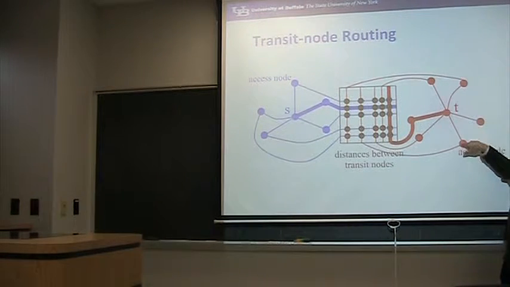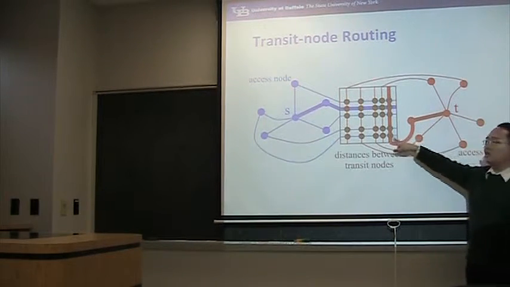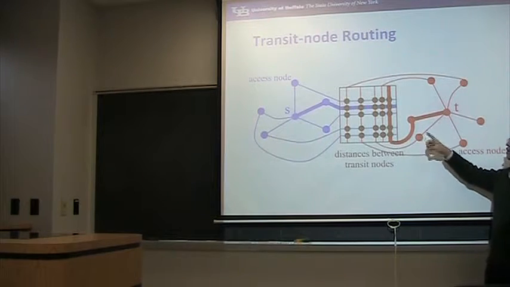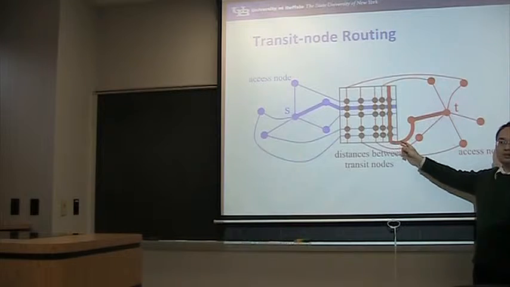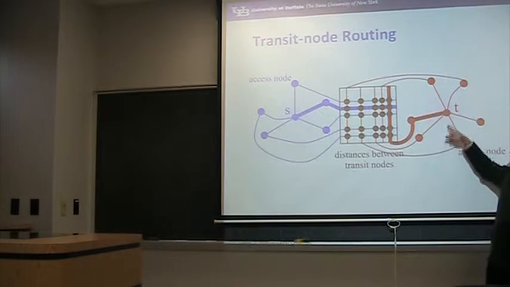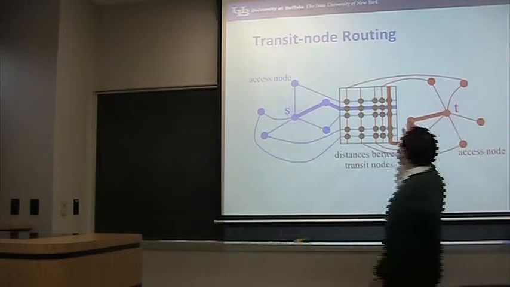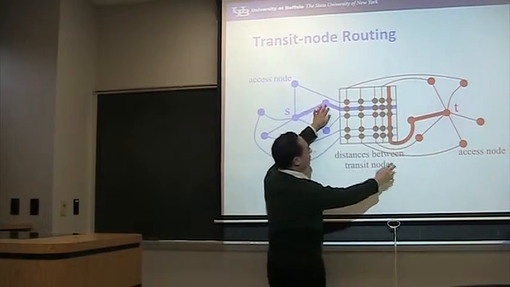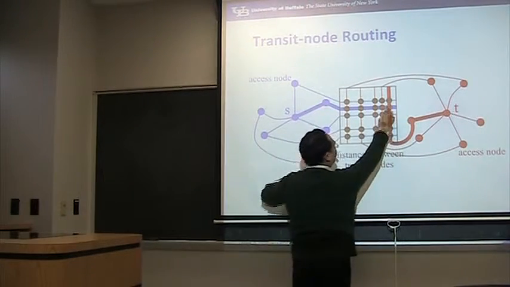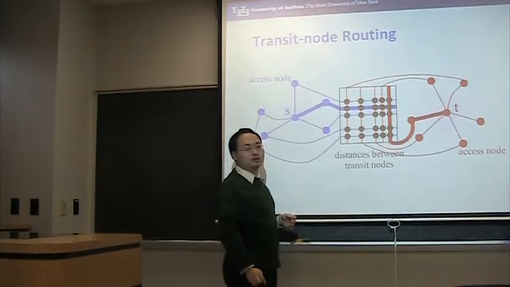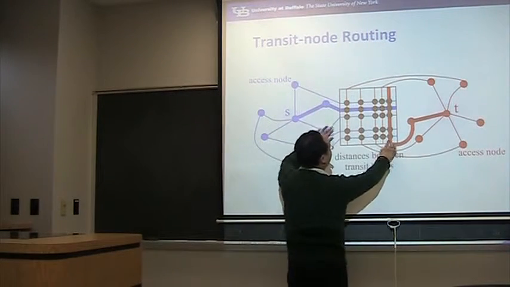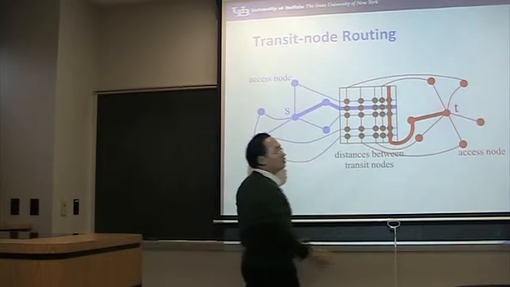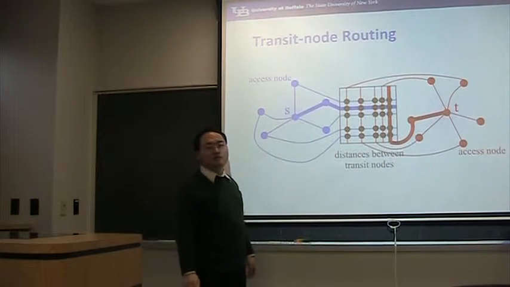And for each access node, we have a table that is recording the distance between these 2 pair of nodes. So we check, for example, for this access node and this access node, we check a table. And in this table, we can find their distance, right? And this one, and this one, we can check their distance using this.